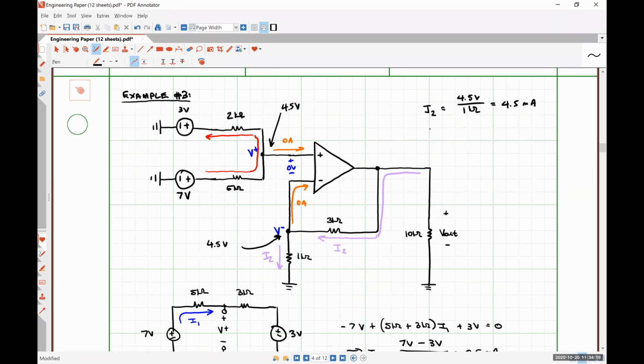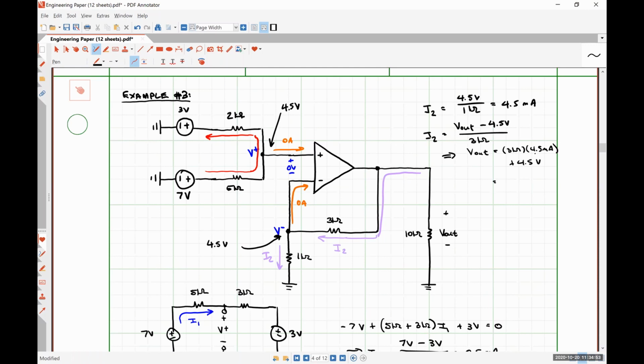And we could also say that I2 is equal to V out minus 4.5 volts over 3 kilo ohms, which allows us to rewrite this as V out is equal to 3 kilo ohms times I2, which is 4.5 milliamps, plus 4.5 volts.